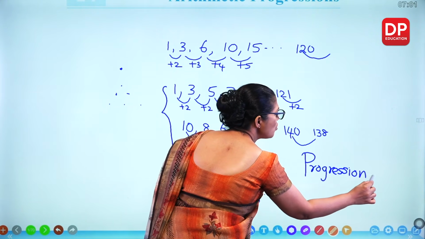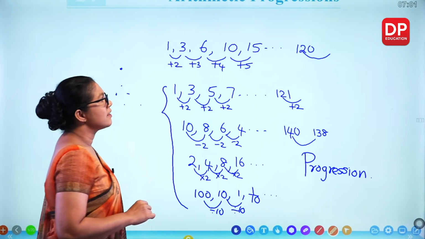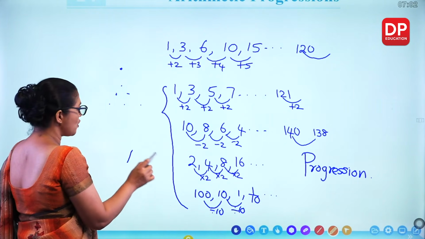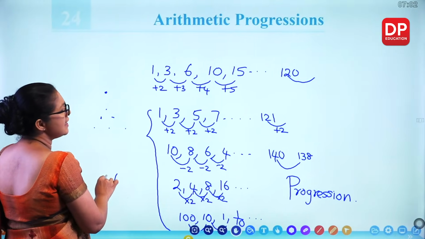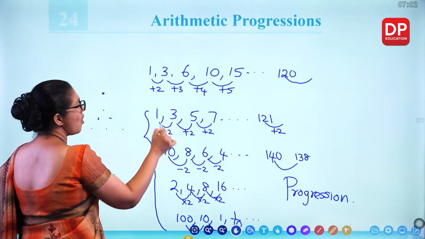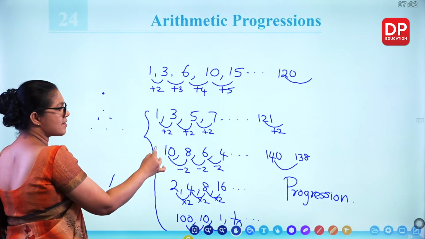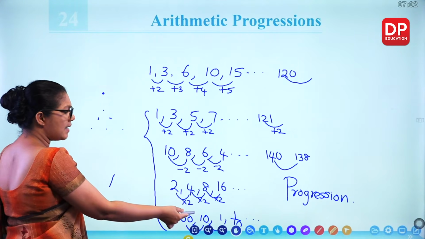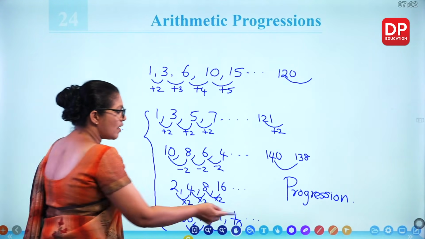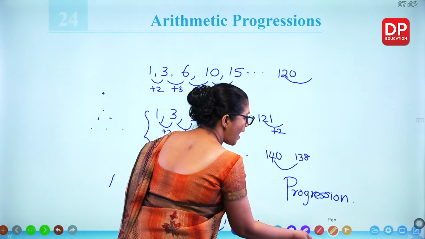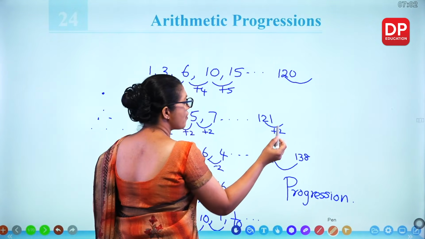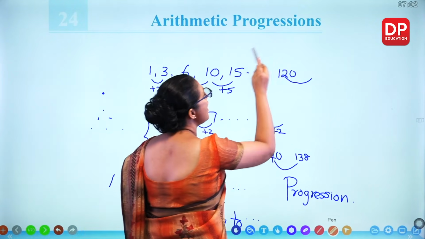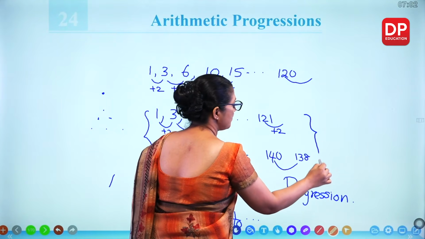So there are 2 types of progression. Sometimes you are adding or subtracting a constant. Sometimes multiplying or dividing. If we are adding or subtracting a constant, this type of progression we call arithmetic progression.